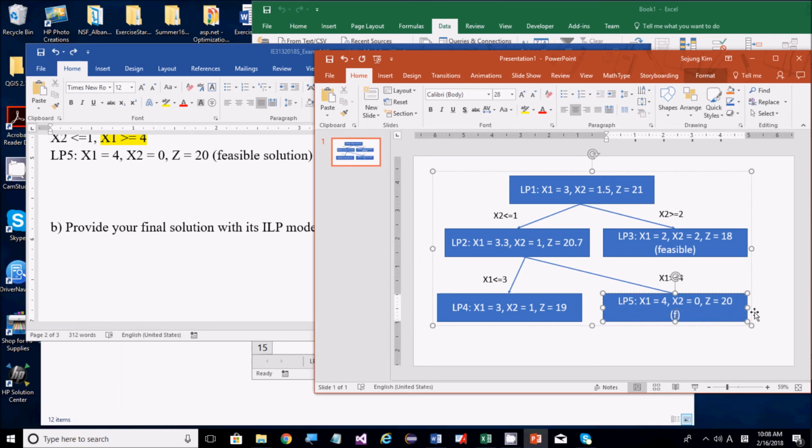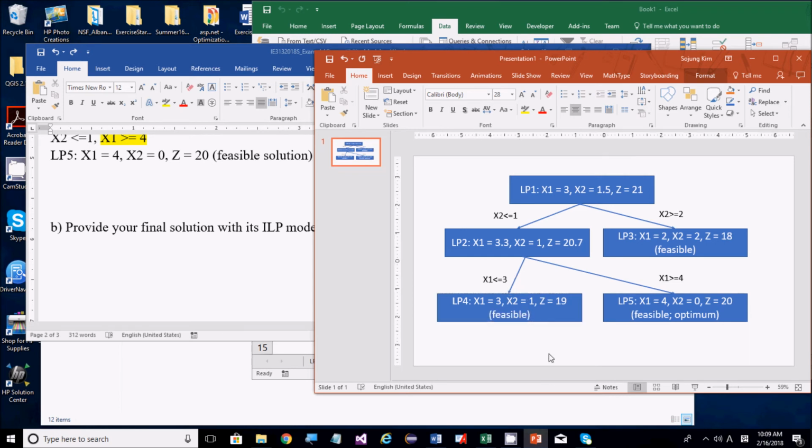Last one, right? LP5. So far we have 3 feasible solutions, and out of the 3 you have the one optimum solution. Okay, this is the end of the first problem, I guess.